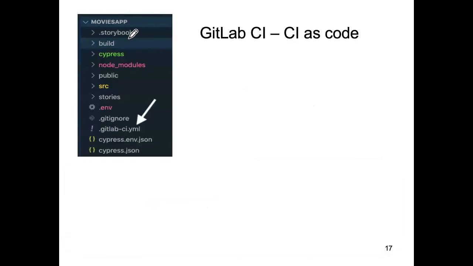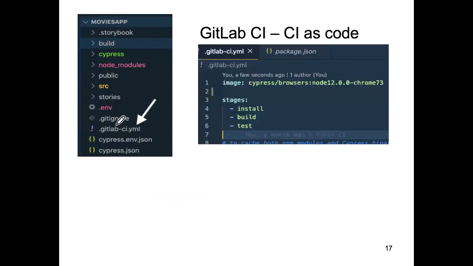So to get closer to what you will be doing in the lab, this screenshot is actually taken from the Movies app. And you can see this YAML file that I mentioned is just part of the code base associated with the project, and it needs to be in the base folder of the project. And if we look inside, this is our first look at how a CI/CD pipeline is scripted.